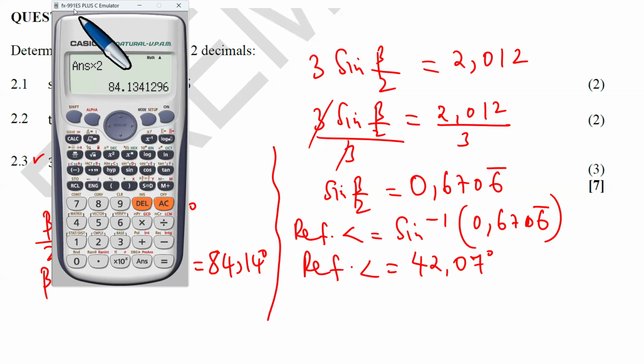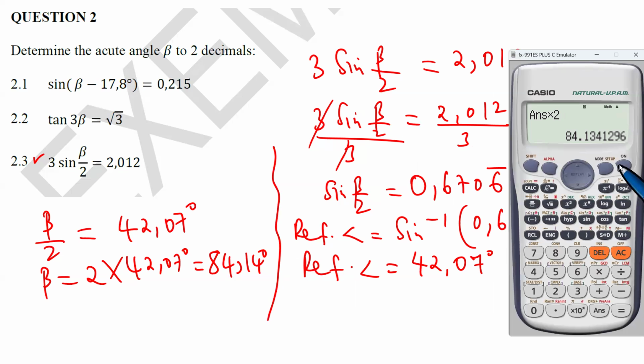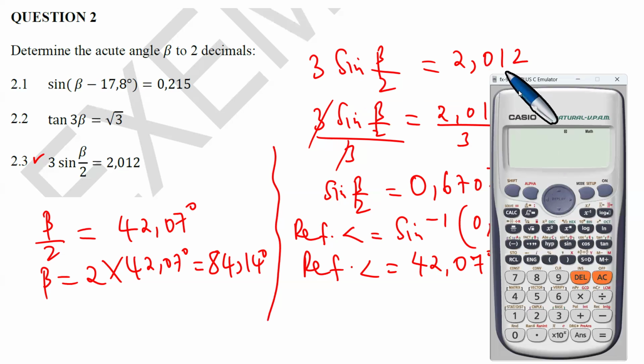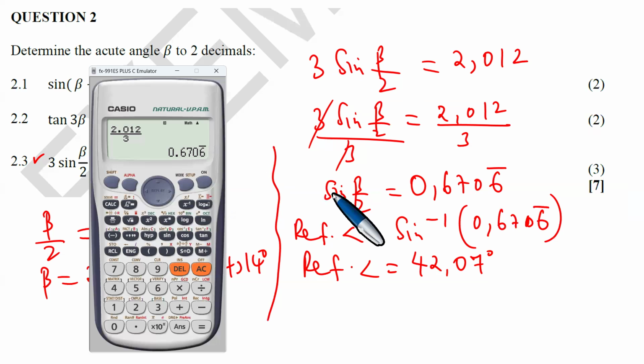We saw again that it was 2.012. So if you do 2.012 and divide by 3, which is 0.6706, that is what we got, 0.6706 recurring.